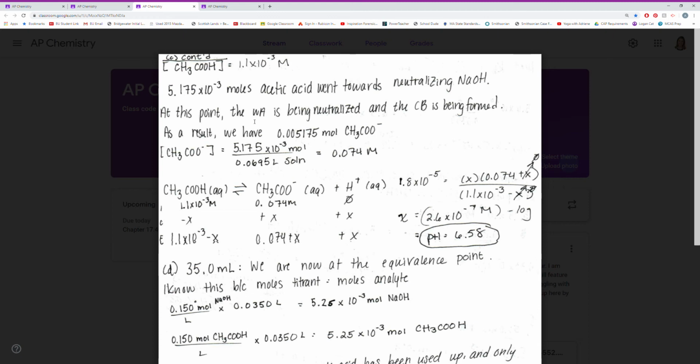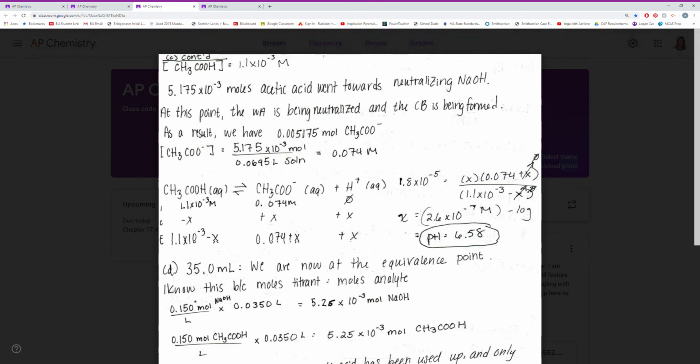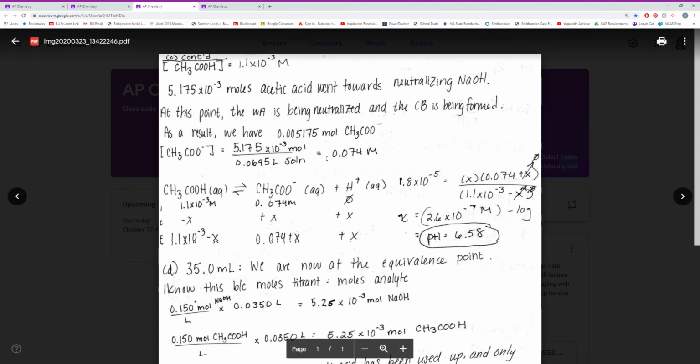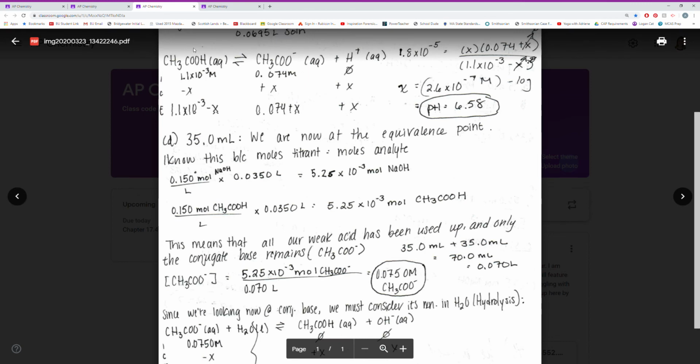So because 5.175 times 10 to the negative third moles of acetic acid were neutralized, I formed that much of the conjugate acetate ion base. And then I divided that by the total volume of the solution to get the molarity of my conjugate base as well. And so now I'm going back down to my ICE table, plugging in what I know.